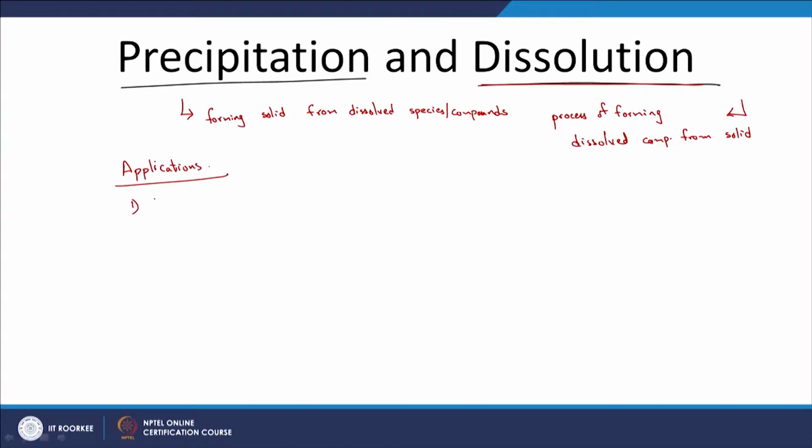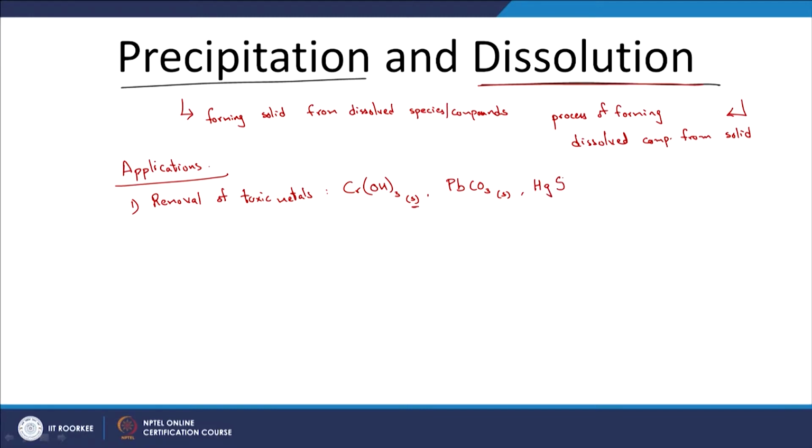So again, one certain application is obviously the removal of toxic metals, and examples, as we just talked about, CrOH3. I am going to use this particular subscript to indicate that it is a solid. Lead 2+, let us say PbCO3, if I want to remove lead, and also if I want to remove mercury.